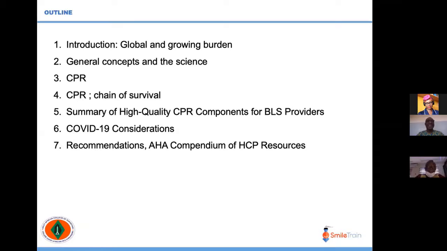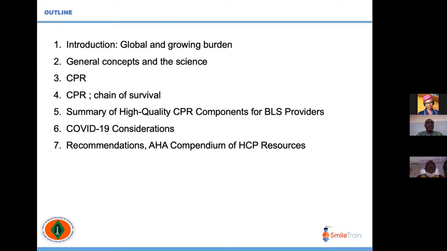Okay, here's the outline. We are going to talk about the global and growing burden of cardiac diseases in general, and mortality and incidence rates related to cardiac diseases and cardiac arrests around the world. I will share some general concepts and the science that's driving basic life support and cardiopulmonary resuscitation techniques.